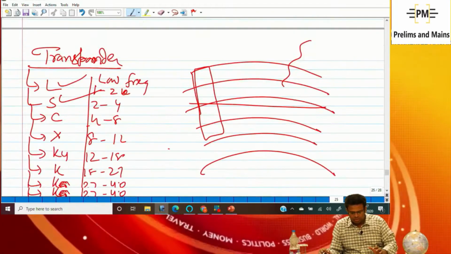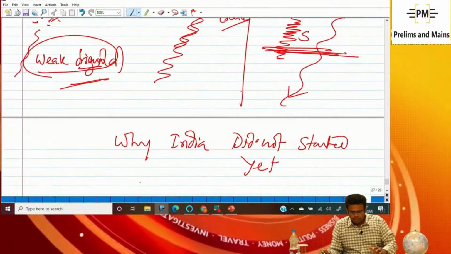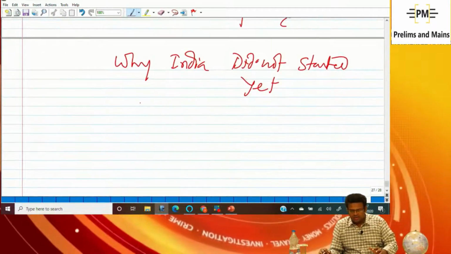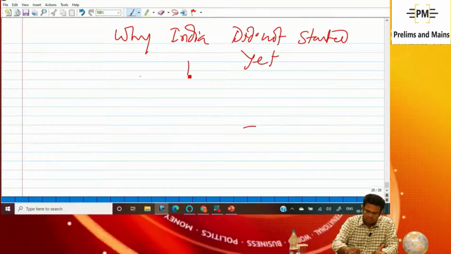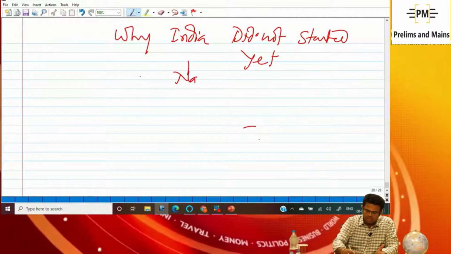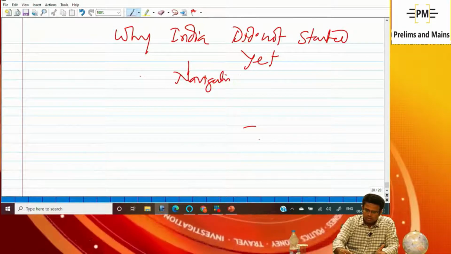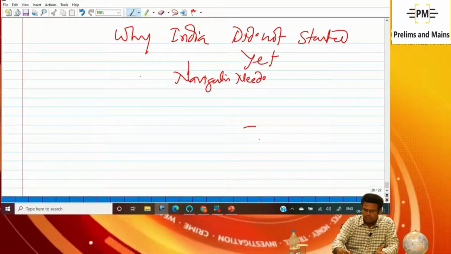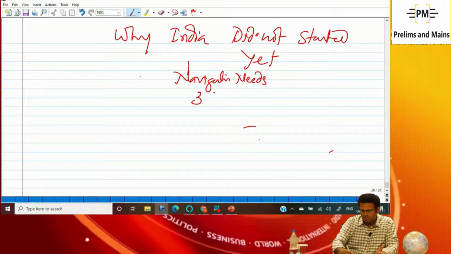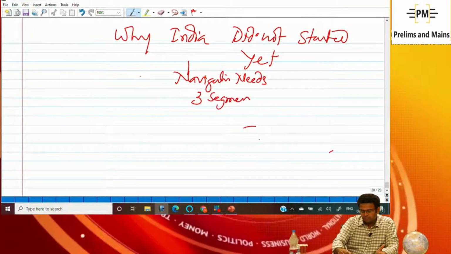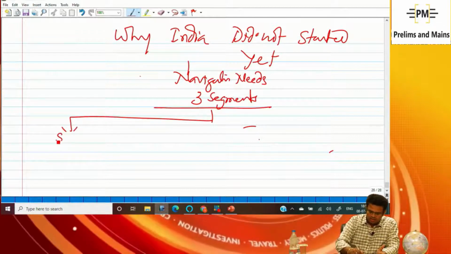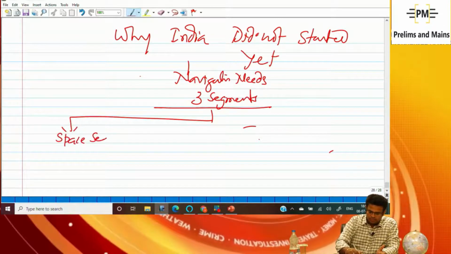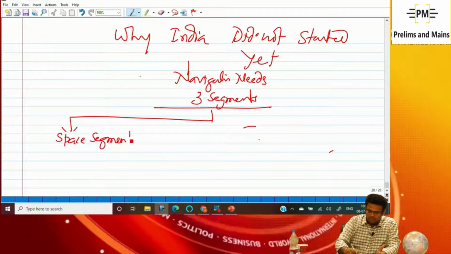So we can see why India did not start yet. You know that navigation needs three segments. One, the space segment.